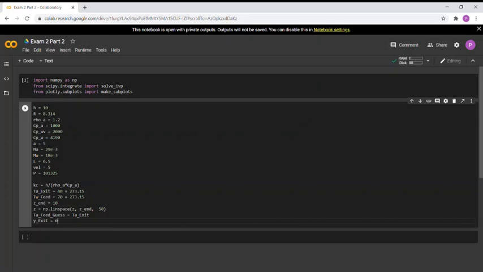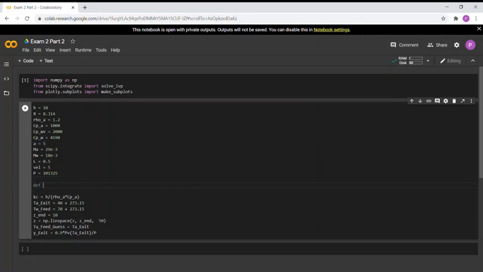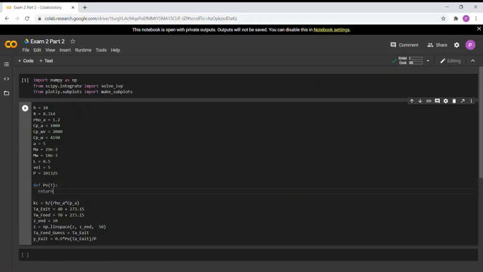This equals 0.9 times vapor pressure, like VP, pressure of water at the temperature at the TA exit over P. So this is our Y, but I didn't define the P, the partial pressure of water, so I have to define P at T like this.